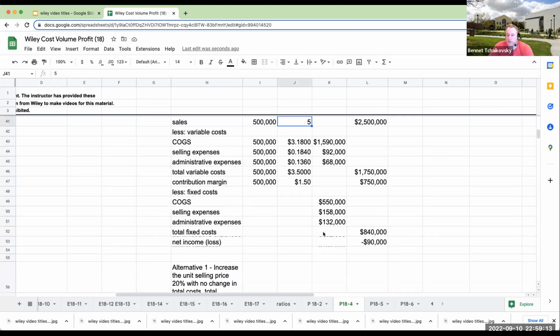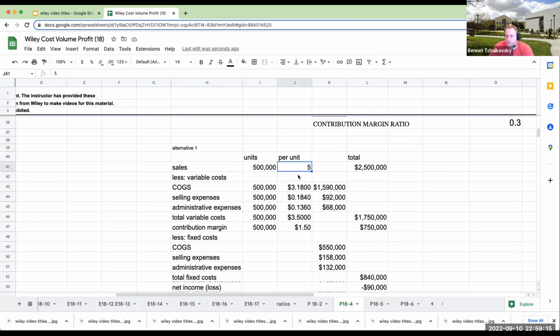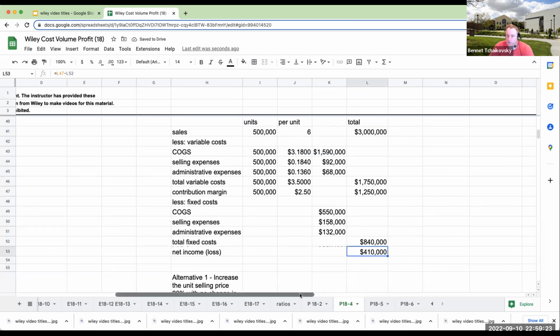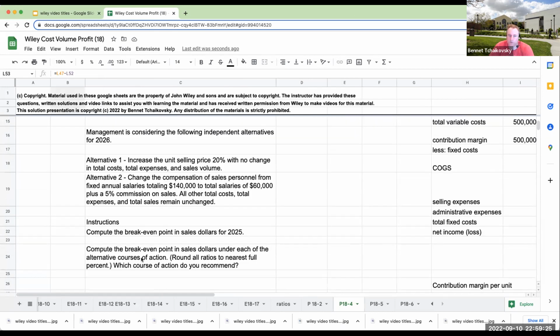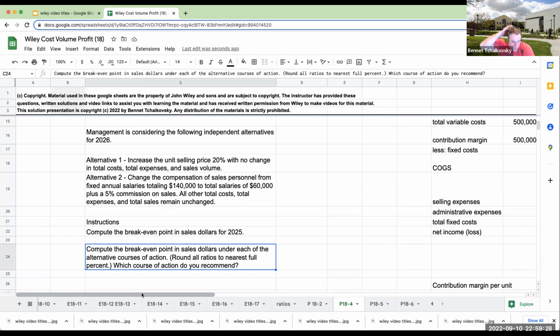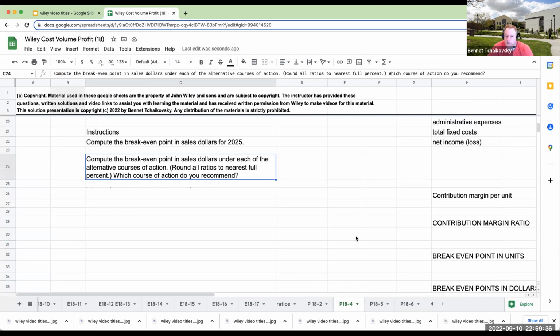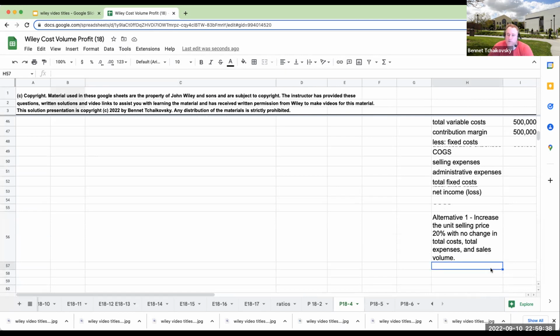If I increase my selling price by 20%, I'm now over here at $6, so now I'm actually at a profit. But what I'm being asked to do is compute the break-even point in sales dollars under each of the following courses of action. So what's going to be the break-even point in sales dollars?